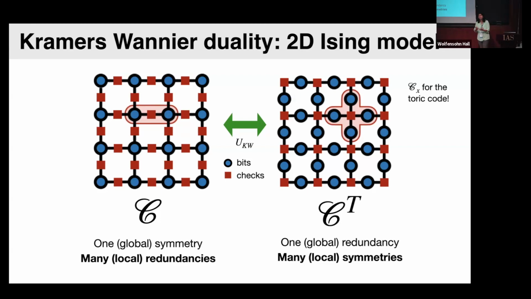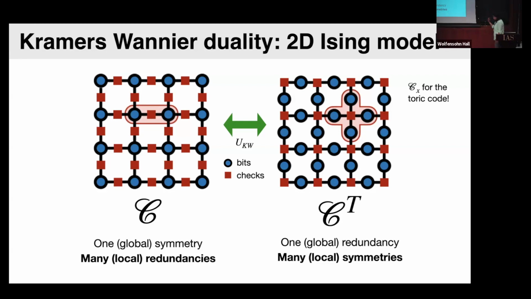A different way to say this is, the goal for a quantum code is to have an LDPC CX type of code and an LDPC CZ type of code, and all the checks in X and Z should commute with each other. So if you're only looking at the CX code, what you need is many local operators that commute with that CX, and those local symmetries are going to define your CZ code.